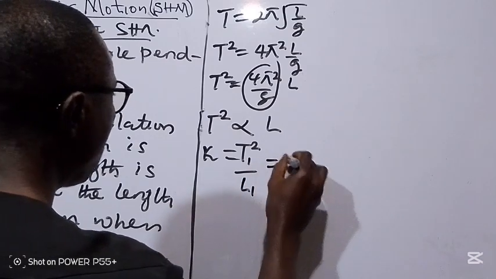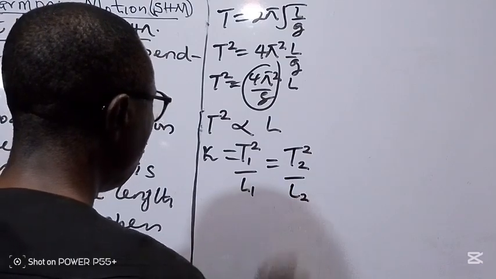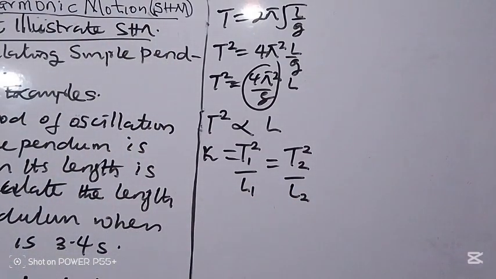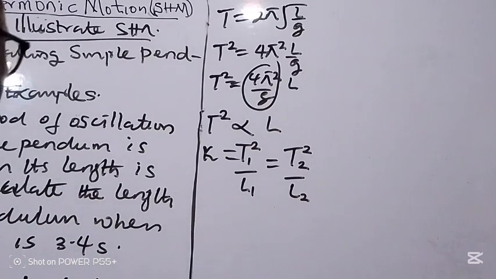So k is a constant. So apply this formula now. We need L2, so make L2 the subject of the formula.